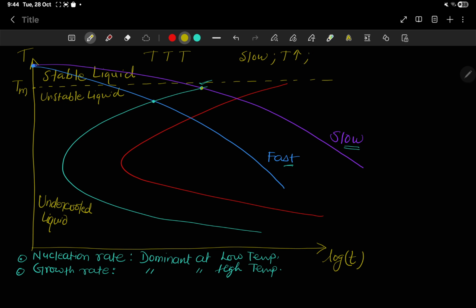So what does this mean? If the transformation temperature is higher, then the growth rate will be higher than the nucleation rate.